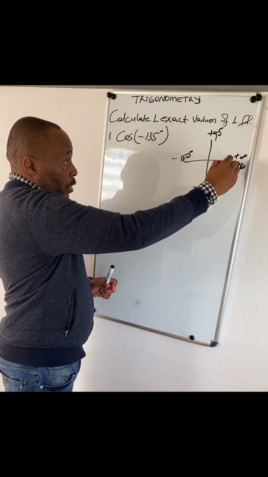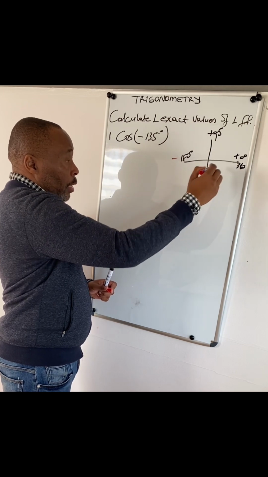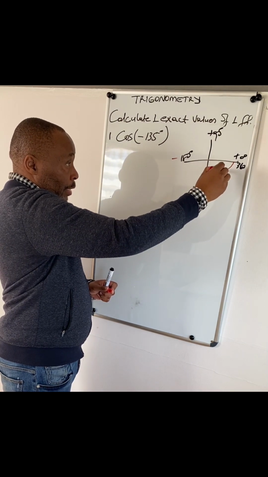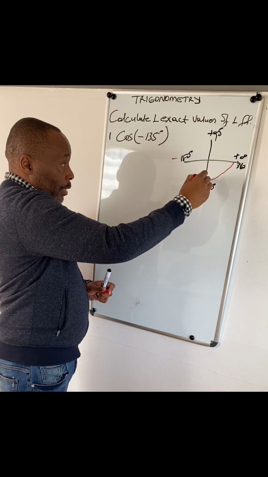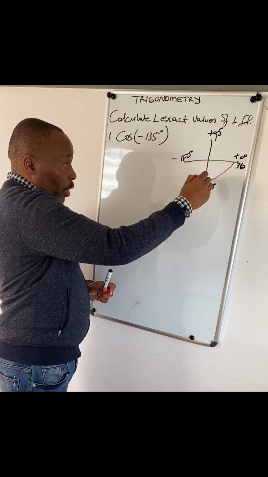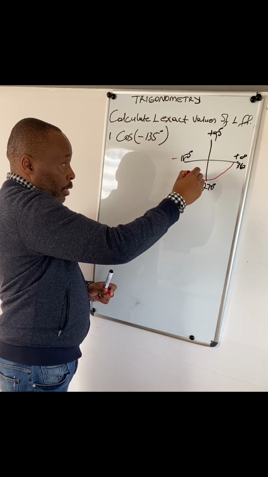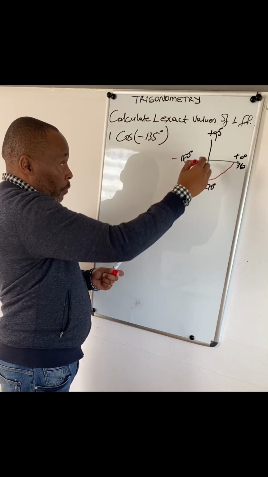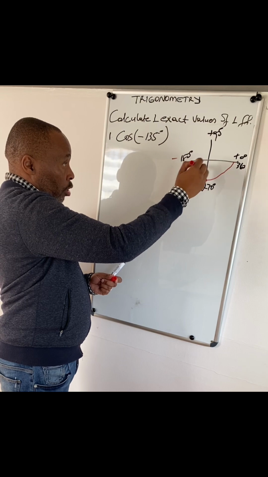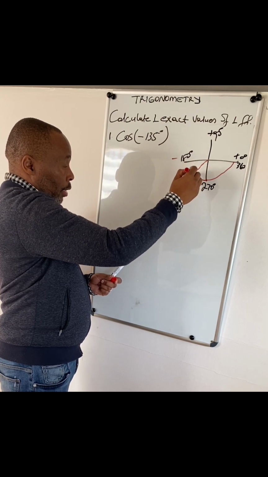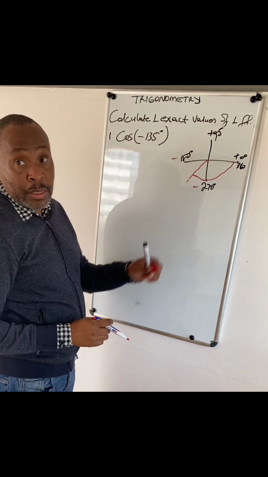It means we cover this whole part because from here to here it's negative 90. It comes here at 90 and we are going down. Once we've covered 90, we need to add 45 degrees. So it takes us to somewhere here. It's important you do this.